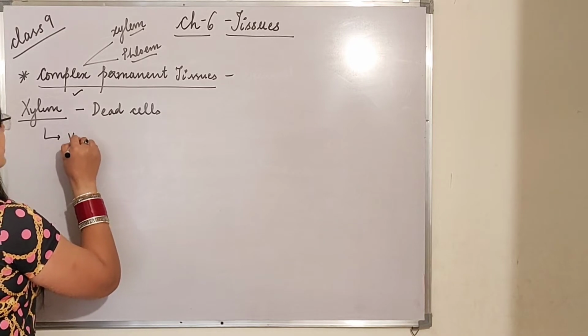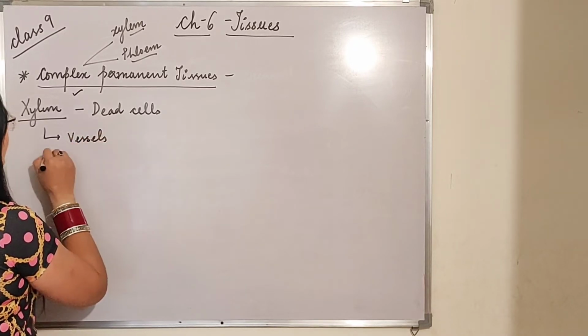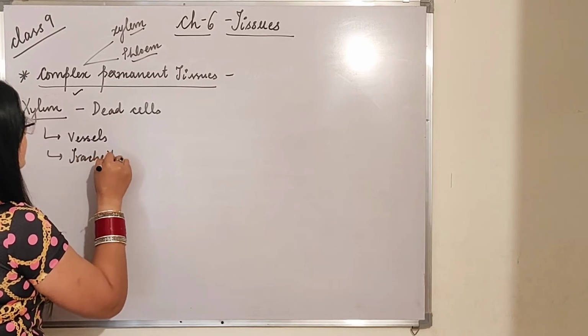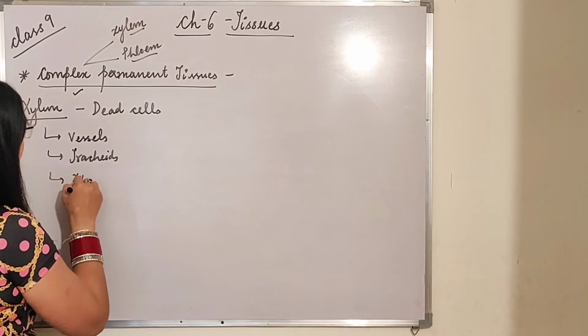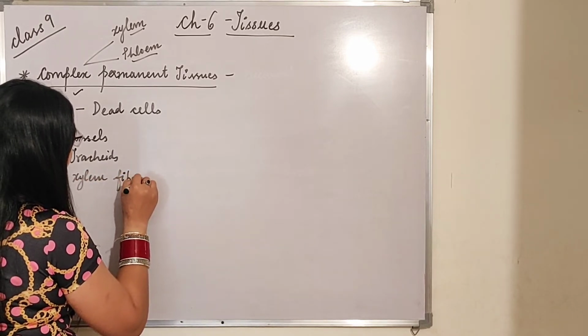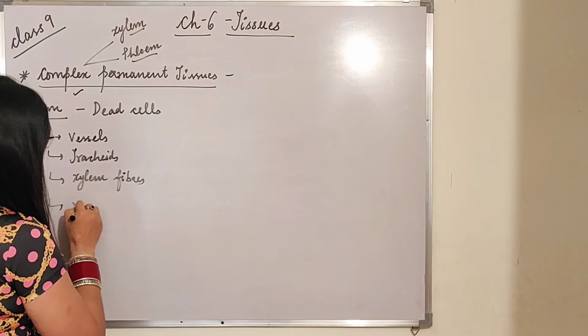First is vessels, then tracheids, then xylem fibers, and xylem parenchyma.